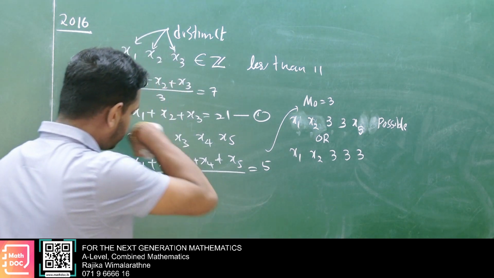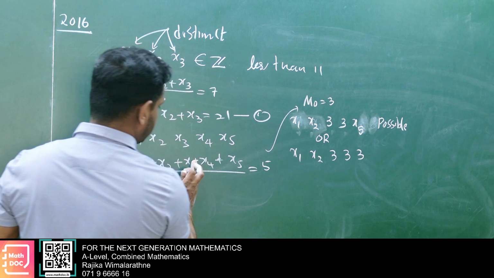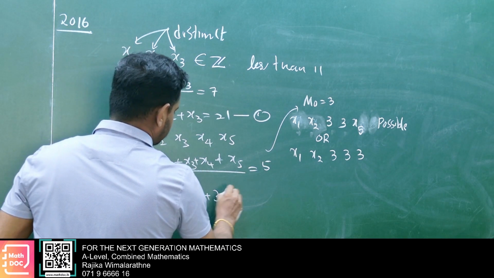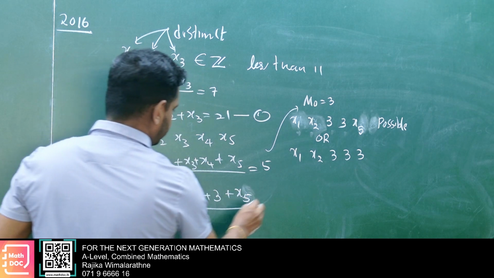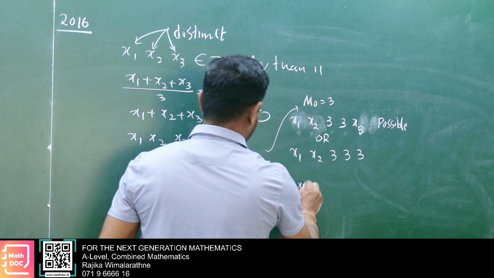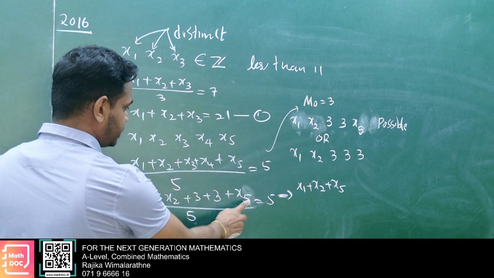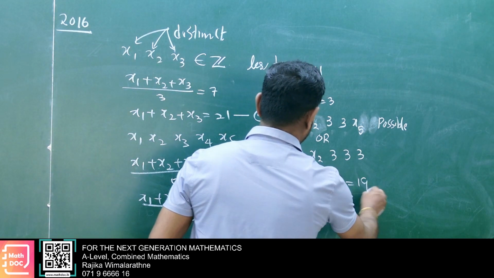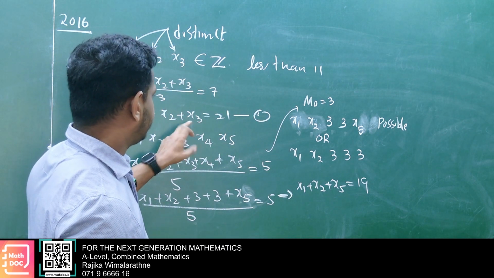Now consider this case: x1, x2, 3, 3, x5, divided by 5 equal 5. Then by this, 25 minus 6, x1 plus x2 plus x5 equal 19. Then one of these values is again 3.